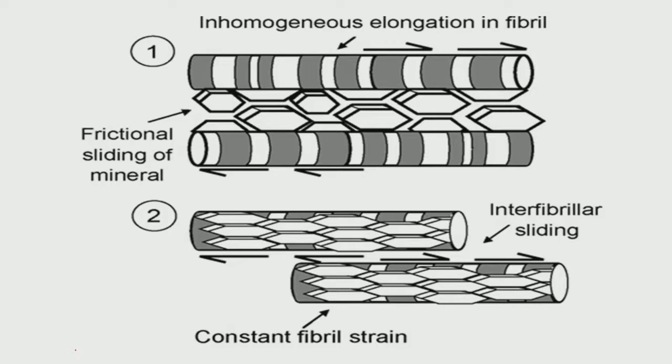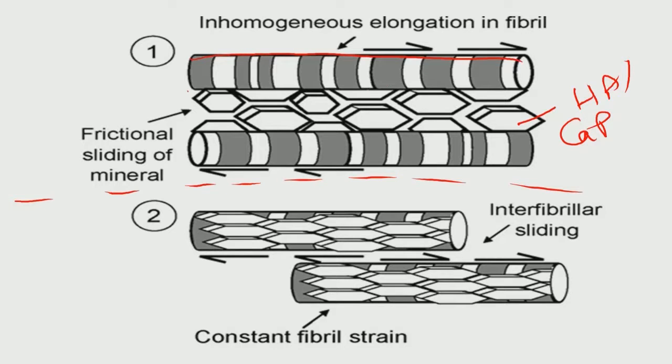So, there are two types of scenarios that are shown here. Scenario number 1 is when hydroxyapatite or calcium phosphate phases are present between the two collagen bundles. So, this is one collagen bundle and this is the second collagen bundle.